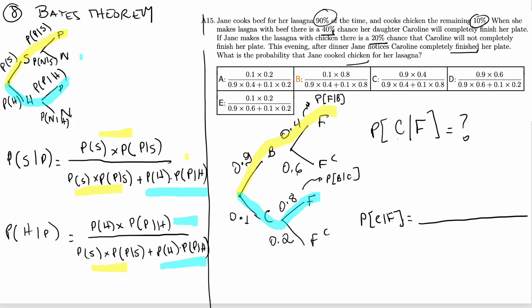But let's think about this. How many ways do I have to land in finishing the plate? Well, 2. So in the denominator, I have 2 branches. And for the yellow branch, it's 0.9 times 0.4.